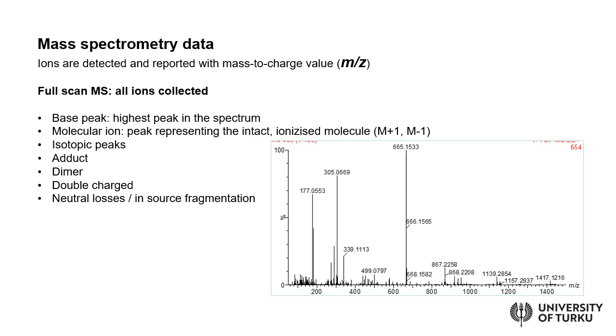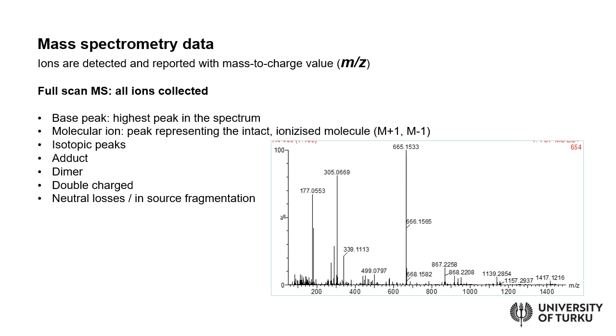And other issues that you should know about when looking at mass spectrometry data. So this is a spectrum of that particular compound, taken at a time point from your analysis. And terminology exists, for example, base peak. Base peak is typically the highest peak in the spectrum.